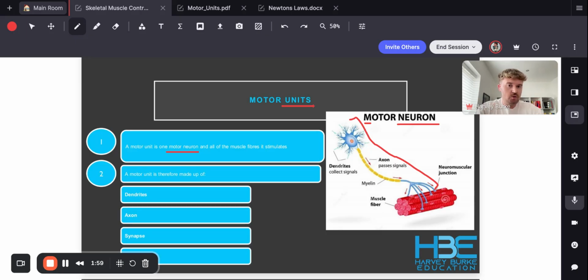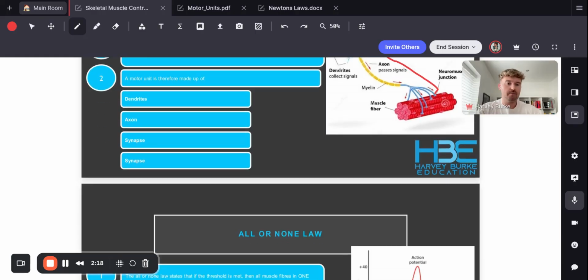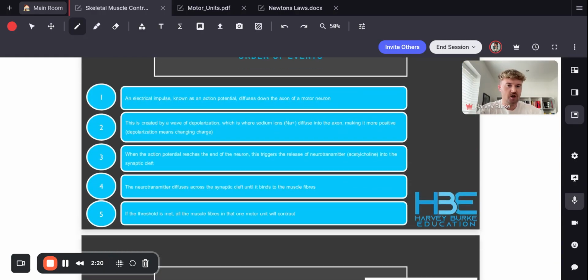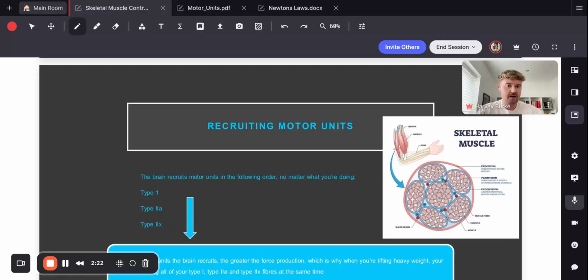And then a motor unit is that one motor neuron and all of the fibers that one neuron stimulates. So every motor neuron will be responsible for stimulating a group of fibers. That might be tens of fibers or hundreds of fibers. And just so you can visualize this a bit better, let's say this is the cross section of the tricep muscle.